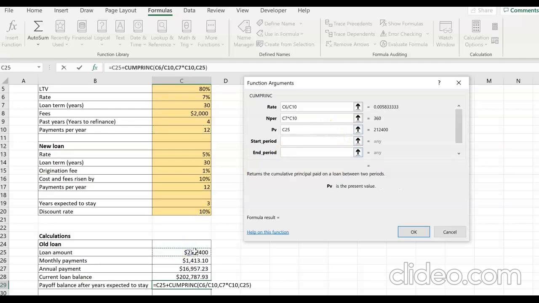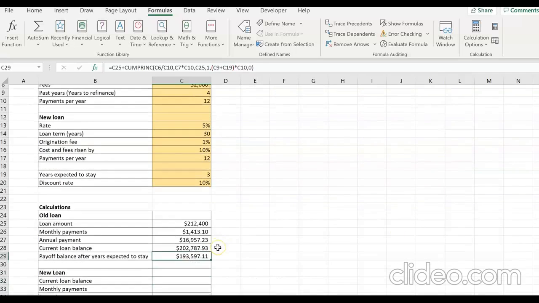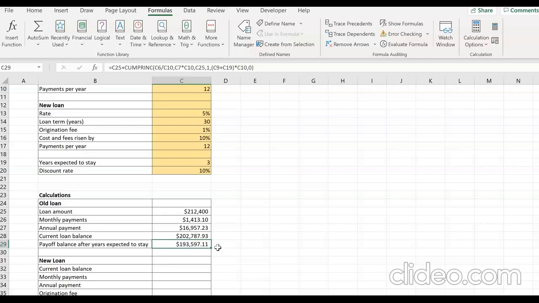The present value should be the loan amount. The start period is gonna be 1. The end period would be in parentheses 4 plus 3 multiply by 12 months. Type should be 0. That's how we calculate the payoff balance after years expected.